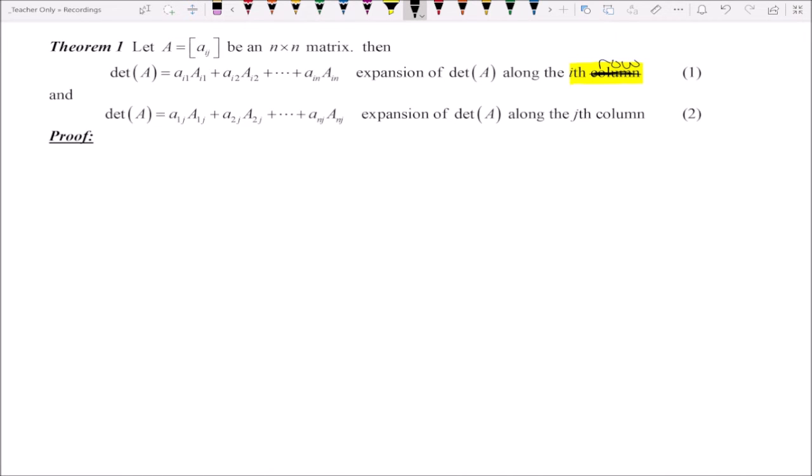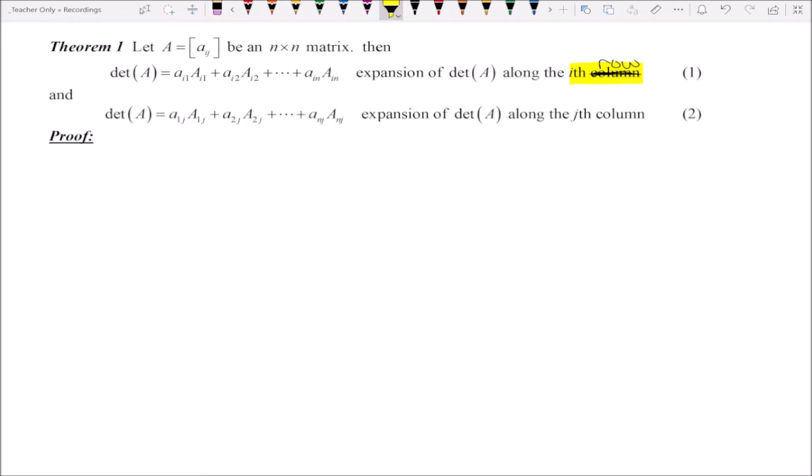We also have the determinant of A being a_1j times the 1j cofactor, plus a_2j times the 2j cofactor, and so on and so forth, plus the nj entry times the nj cofactor.